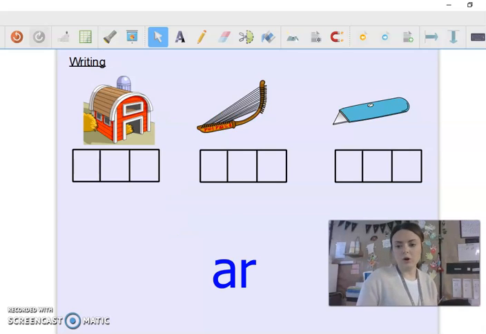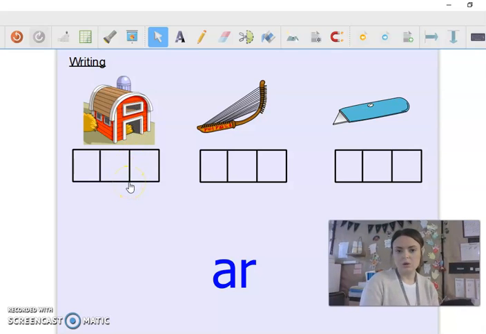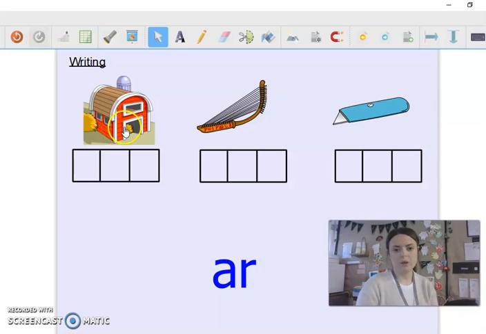Okay, let's move on to some writing now. This time we've already got pictures, but now we need to spell out the pictures. Let me have a look at our first picture. Barn. B-ar-n, barn.